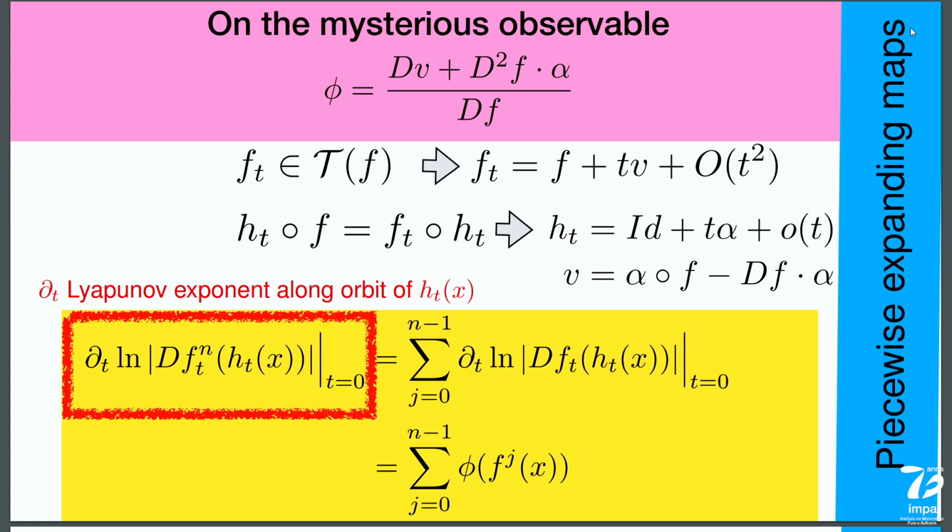Okay, so I didn't tell you so much about this observable. I show you this phi that appears in all these statements, and it's kind of ugly, but it's related with the Lyapunov exponents of the orbits. So suppose you have a family of dynamical systems, and you don't have bifurcations on this. So all the periodic points are moving, dancing in a synchronous way in the phase space.